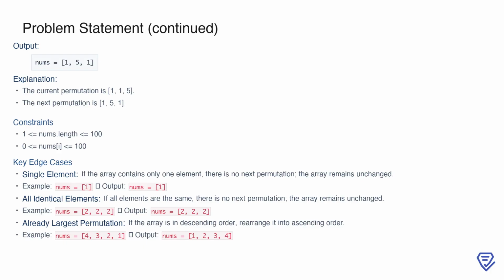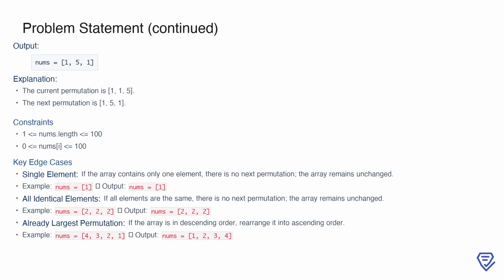First, the array can have a length between 1 and 100, and its elements range from 0 to 100. If the array contains only one element, there is no next permutation, so the array remains unchanged. For example, 1 stays as 1. Similarly, if all elements in the array are identical, like 2, 2, 2, the array remains the same since no greater permutation exists.